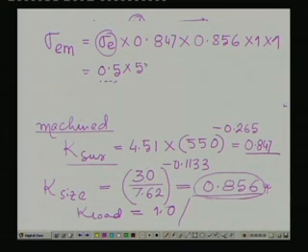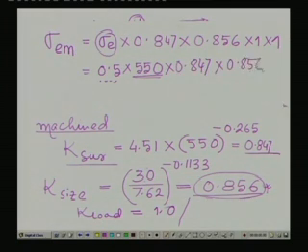I am sorry, I think it was 550. It is not 500, as I showed in the last calculation, it was 0.5 into 550, multiplied by 0.847, multiplied by 0.856, and so on.